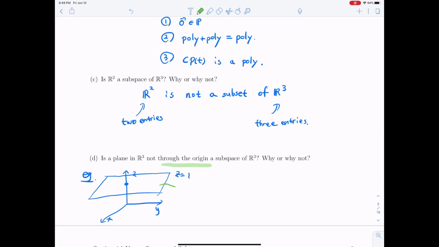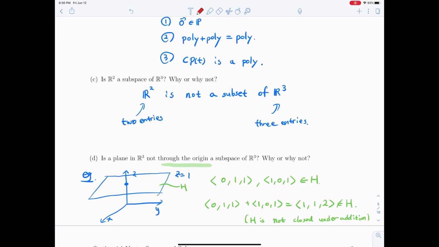So if you say this to be H, then (0, 1, 1) and (1, 0, 1) are elements of H. But if you add these two elements together, this gives you (1, 1, 2) that does not belong to the given set H. That tells you the set H is not closed under addition.